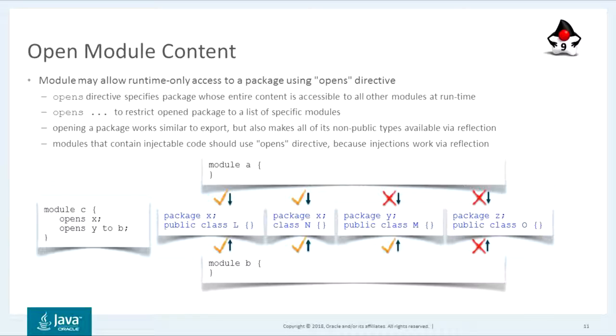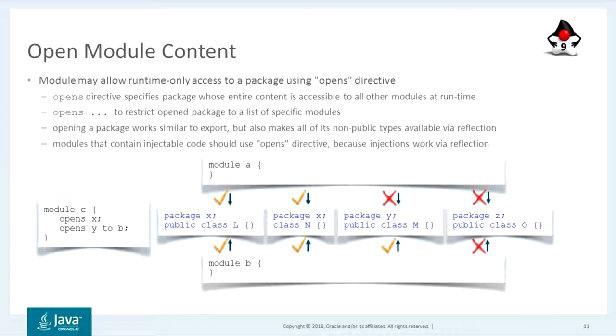The difference between exports and opens is that opens makes types in a given package available to other modules via reflection API. So, for example, if module C in the packages X and Y contain classes you want to use with injections, like injectable code, you know, CDI injections, CDI injections require code to be available through reflection.